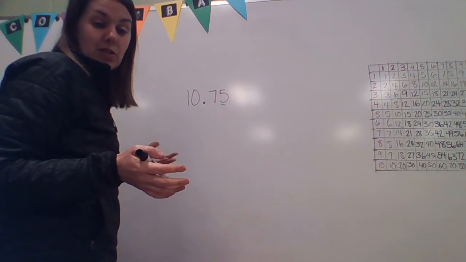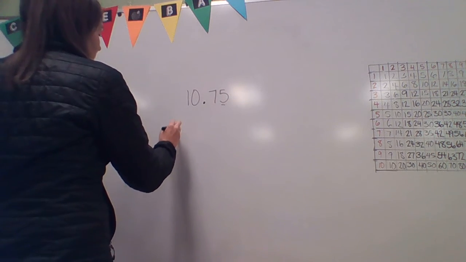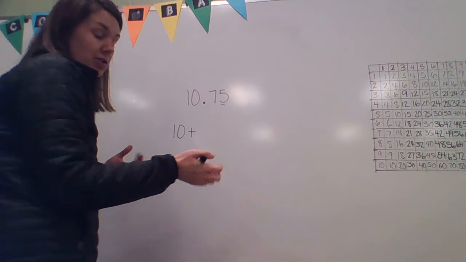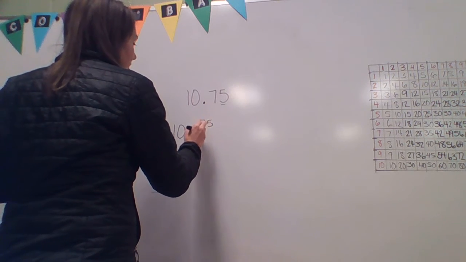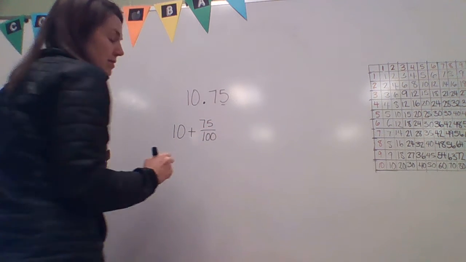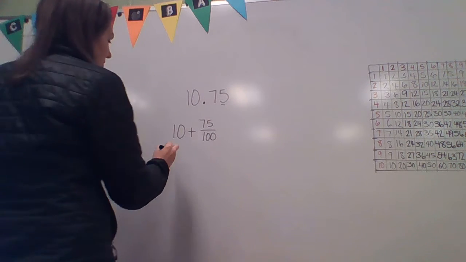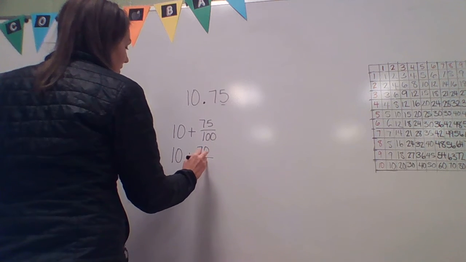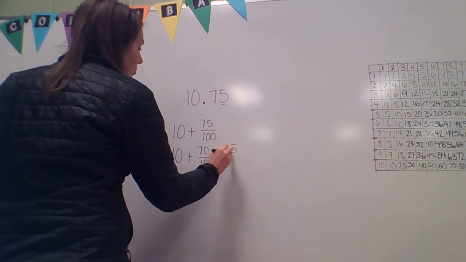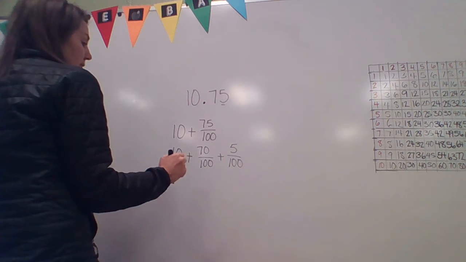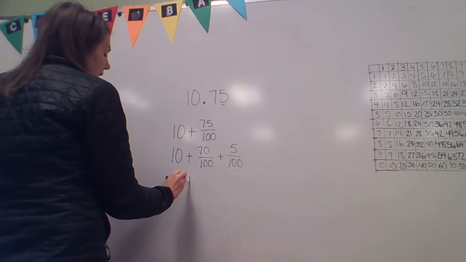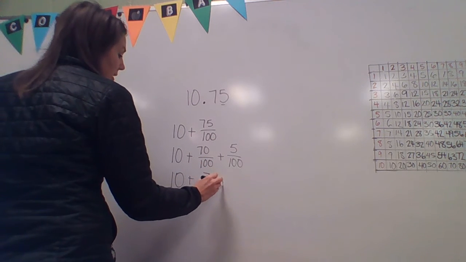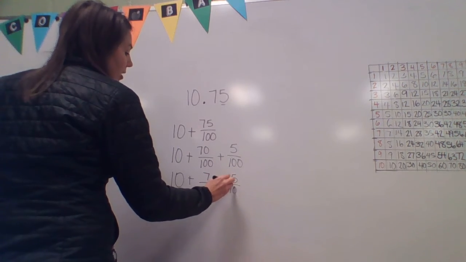We still have to show how we got it. So one way that you might do is you might use fractions to show. We have 10 and, because and can be like addition, right? We're adding on to it. 10 and 75 hundredths. Or I could think of that as 10 and 70 hundredths plus 5 more hundredths, or 10 and get rid of a 0 on the top and the bottom, 7/10 and 5 hundredths.